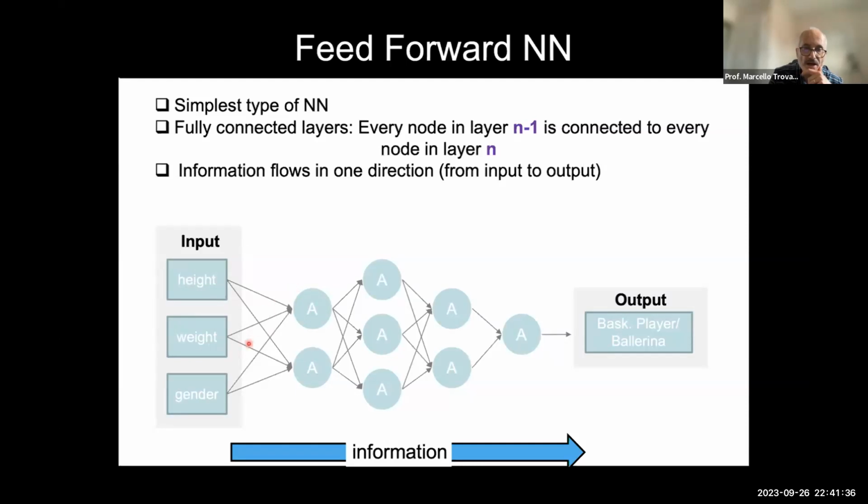All these are fed into the different neurons, and all these numerical values propagate to all the neurons in the different stages, and it will get to the output, which is whether, based on the height, weight or gender of a person, that is likely to be a basketball player or ballerina.